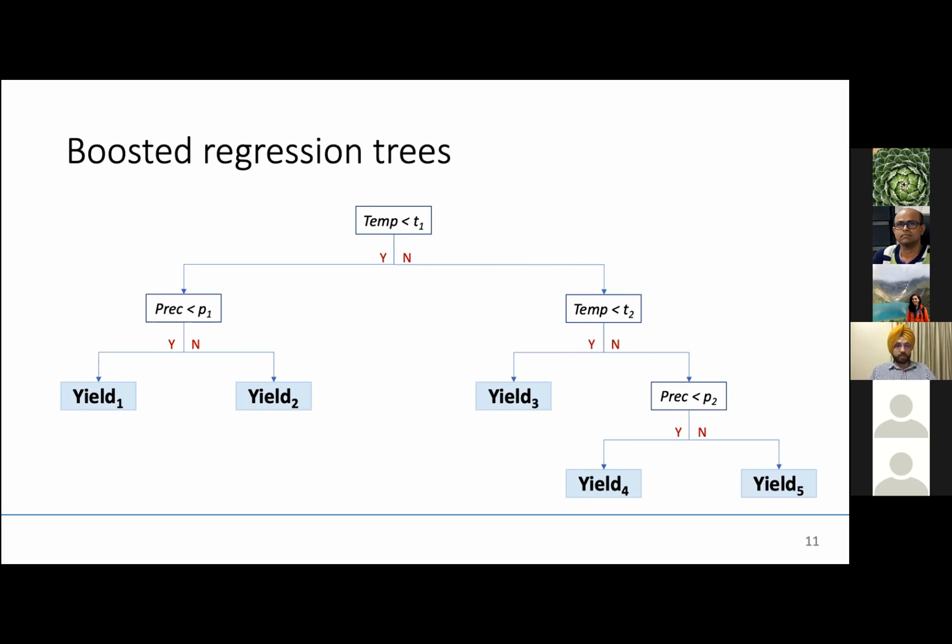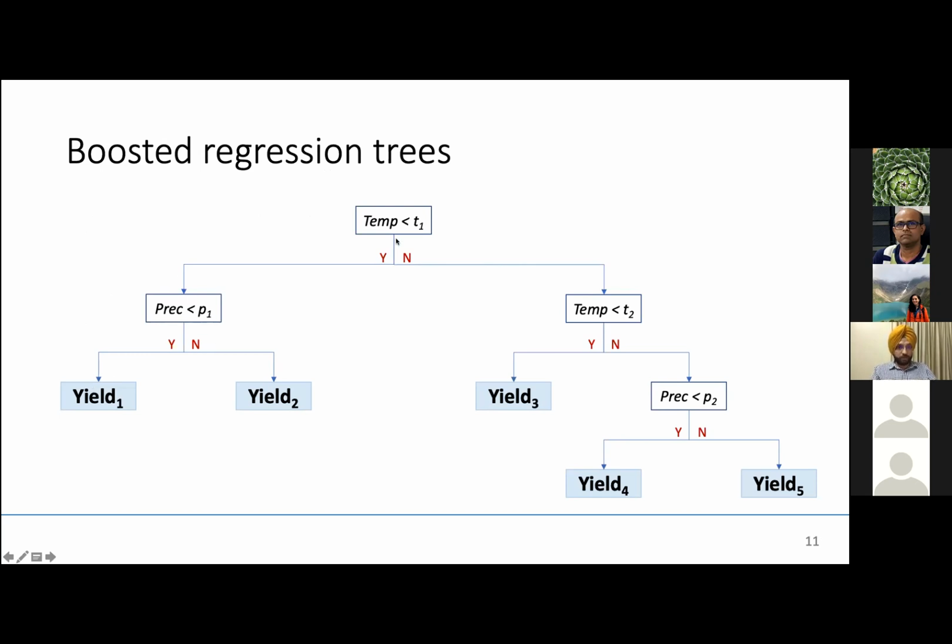So what you do is you input the data into the computer and it tries to bifurcate the data into two parts, and then it continues to do so through successive iterations. So for example, it could look at the data and infer that when temperature is less than T1 and precipitation is also less than P1, then the yield is Y1.